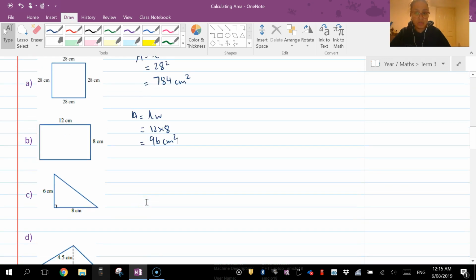Now triangles, this is where it gets a little bit different. If I was to extend this shape out, it would be 8 here and 6 here. So that would be 2 triangles making the area of 1 rectangle. So we take the rectangle that would have the 8 by 6, area equals length times width, or in this case base and height.